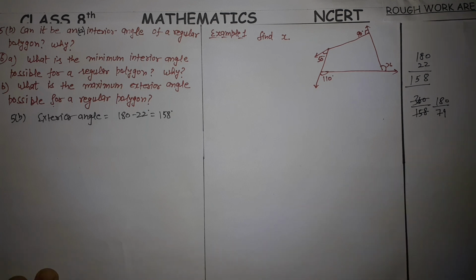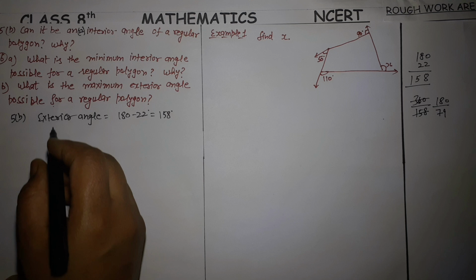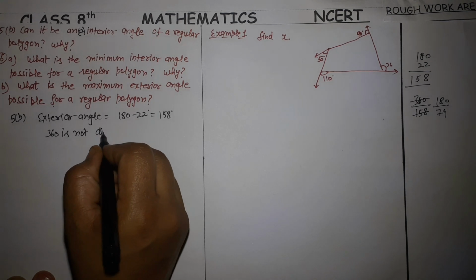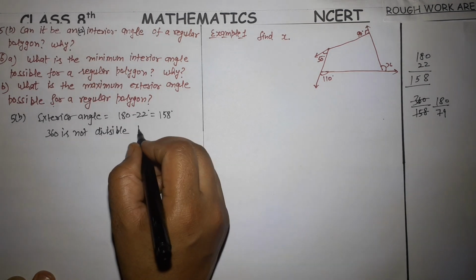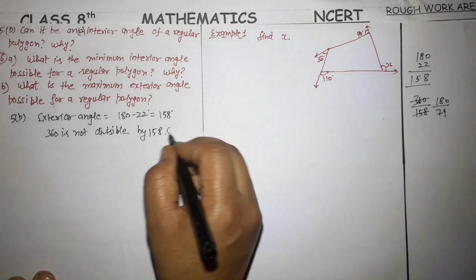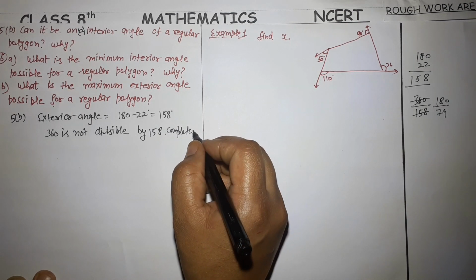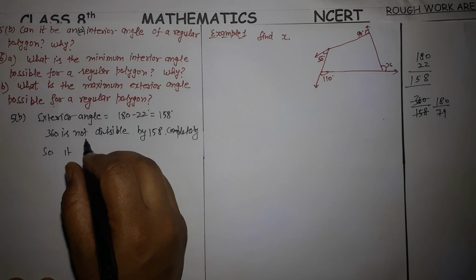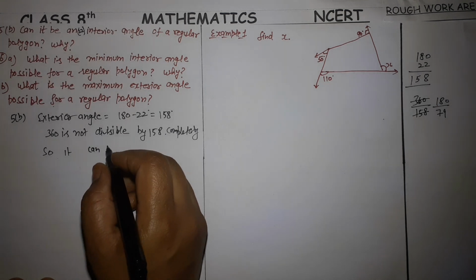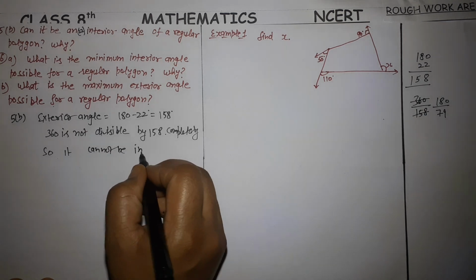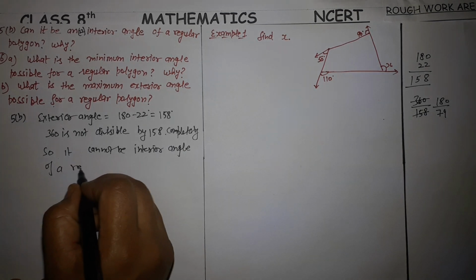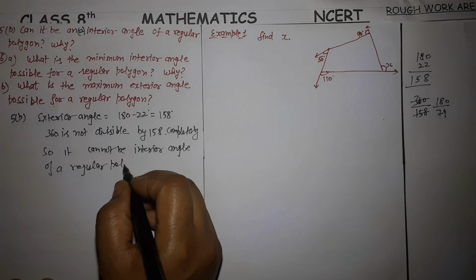That's why it is also not possible as an interior angle of a regular polygon. 360 is not divisible by 158 completely, so it cannot be an interior angle of a regular polygon.